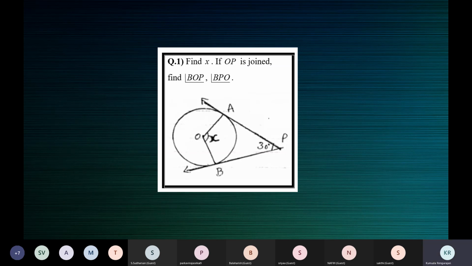See, a kite is not a trapezium. Ma'am, cyclic quadrilateral. Yeah. Who's that? Parkavi, ma'am. Parkavi. Very good. It is a cyclic quadrilateral.